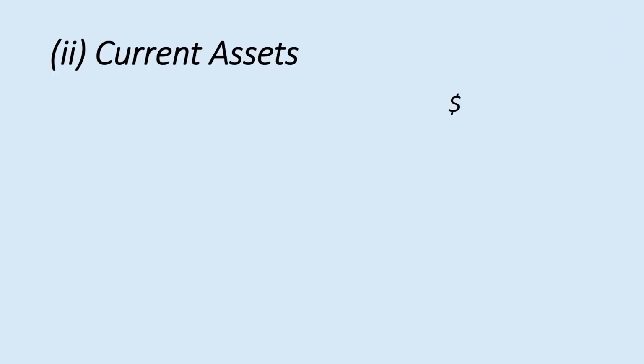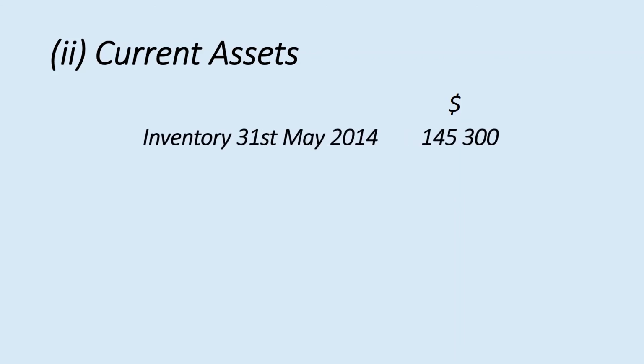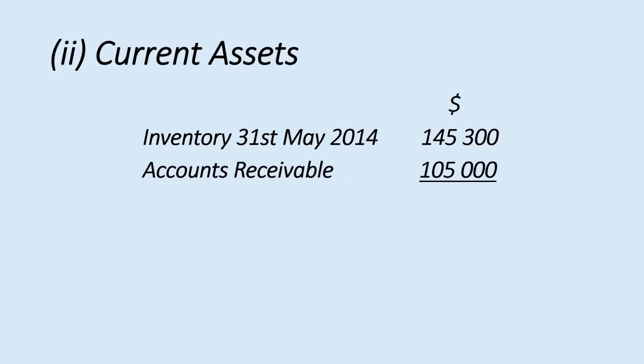Look at the current assets. Inventory on the 31st of May, that's at the end of the year 2014, 145,300. Then we have the accounts receivable, 405,000, giving us a total of 350,000.